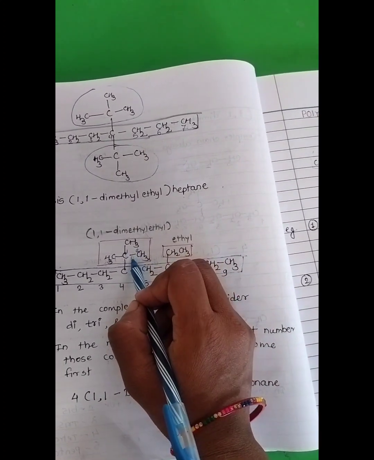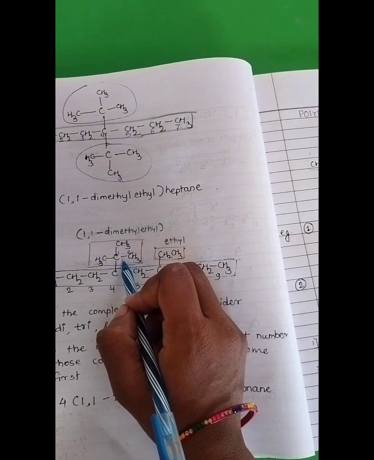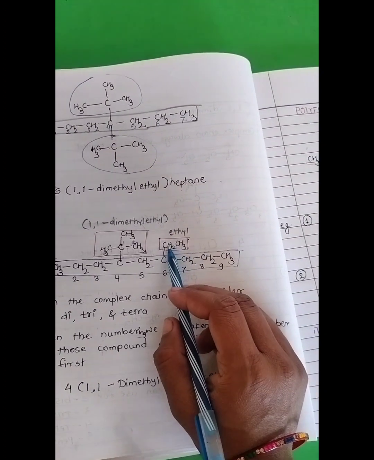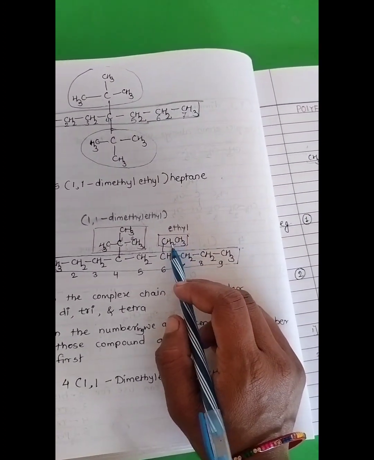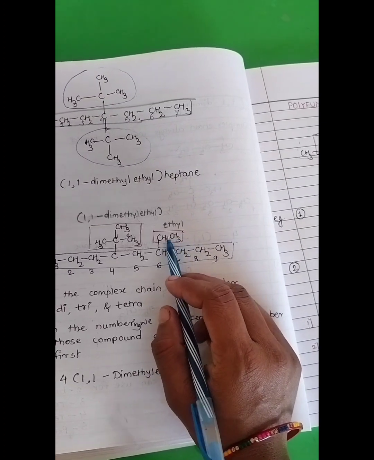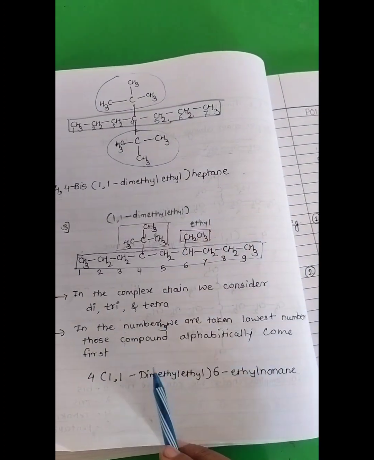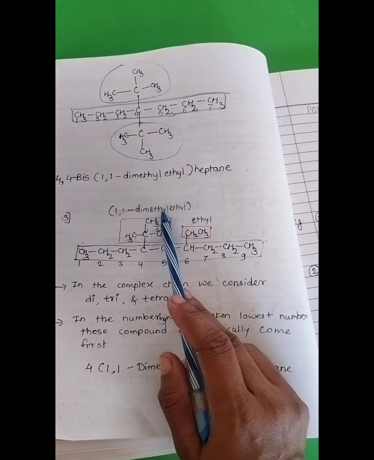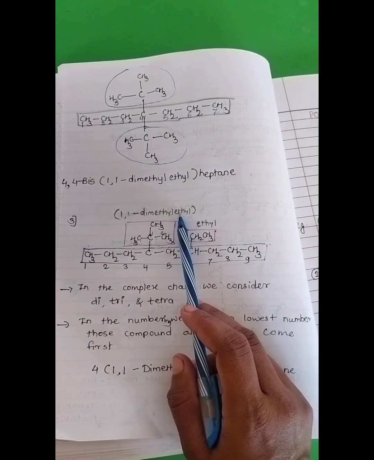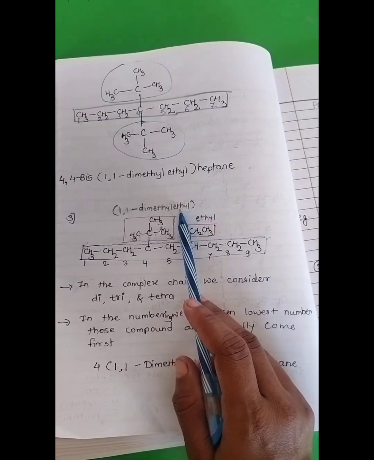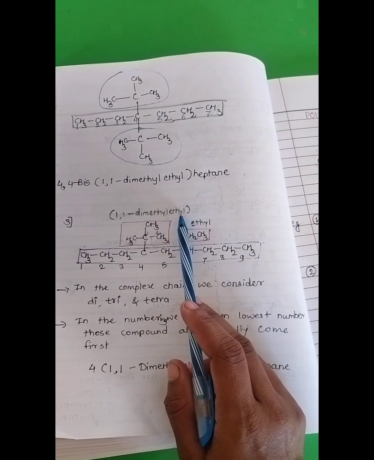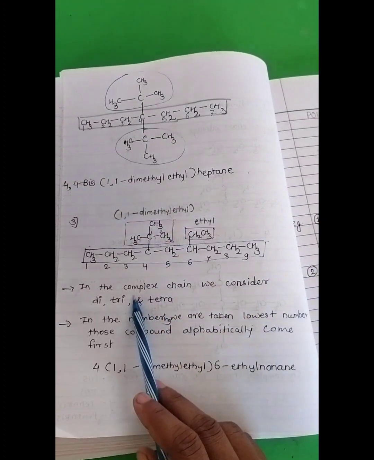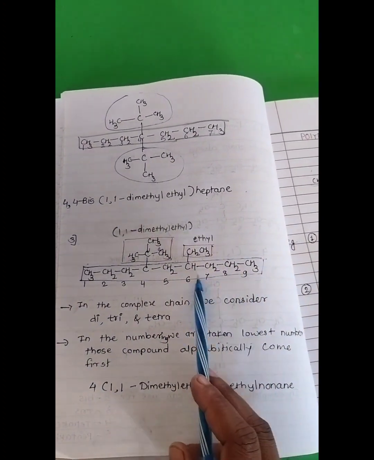So the name of the complex chain is 1,1-dimethylethyl, and for CH2CH3 there are 2 carbons, so the word root is eth and the substituent ending yl, so ethyl. And here we write first M and then E, because we do not consider the alphabetical rule here, since we consider di, tri or tetra in a complex chain.